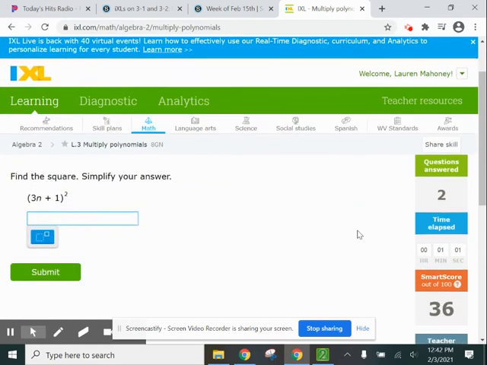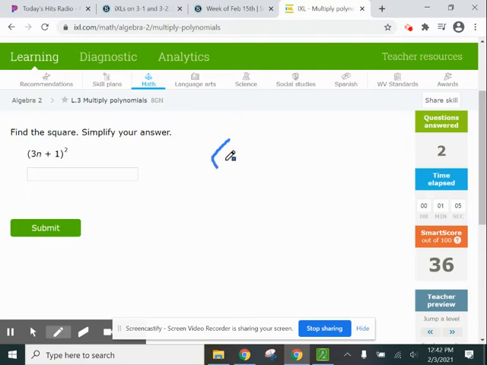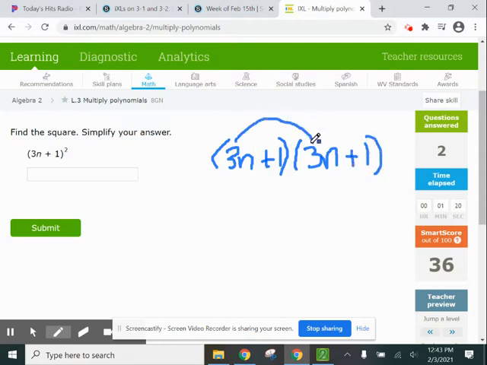If we continue through this one, remember anytime you have something squared, that's the same thing as having the same set of parentheses twice. So you would actually go through and do FOIL on this one. So 3n plus 1 times 3n plus 1. And I would multiply those and those and those and those.